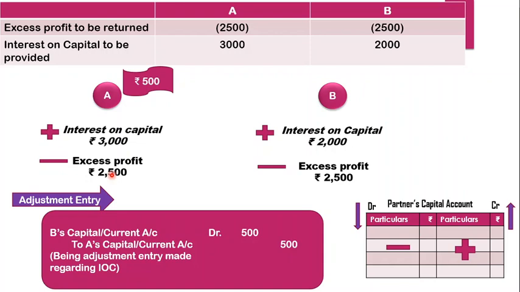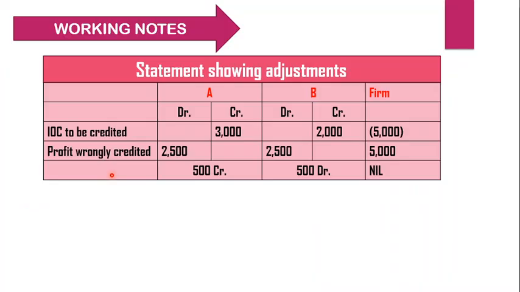So this is to make you understand the concept, but how we are going to show it in our exam is this statement. This statement you are going to prepare has two columns for A and B and also for the firm. Interest on capital, which was not provided, remember, think of where it is shown in the capital account.